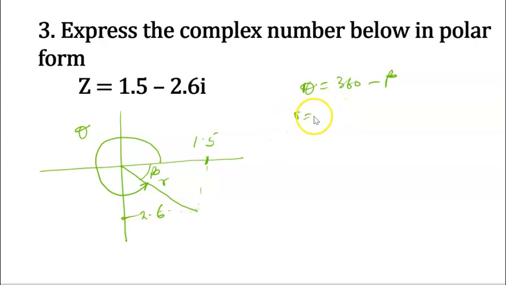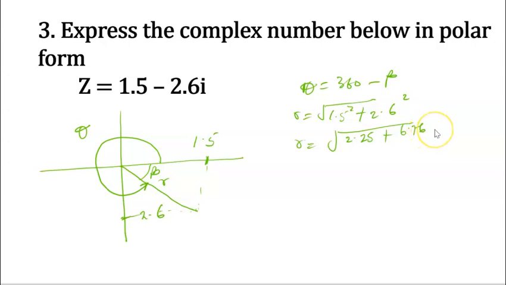So R now is equal to the square root of 1.5 squared plus 2.6 squared. That's 1.5 squared, which is 2.25, plus 2.6 squared, which is 6.76.